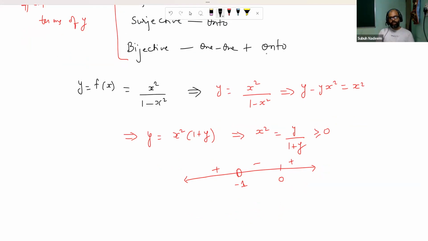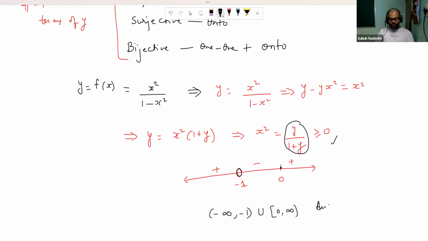Since we want this to be greater than or equal to 0, we take the region minus infinity to minus 1 open, union 0 to infinity closed. 0 is closed because it is included, since here the numerator is 0, and at minus 1 the denominator is 0.